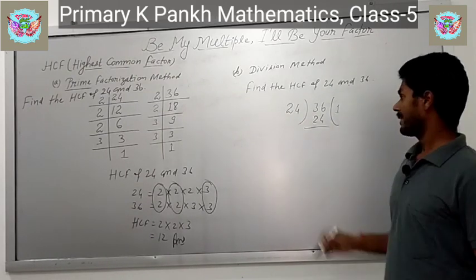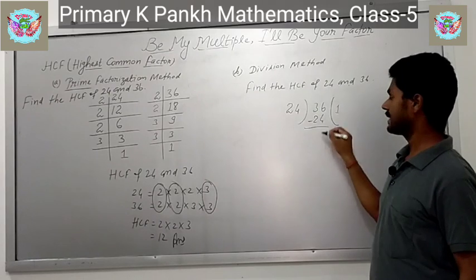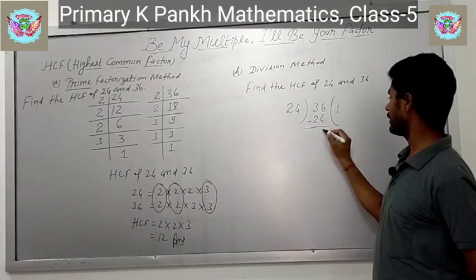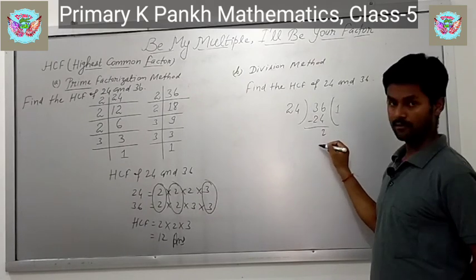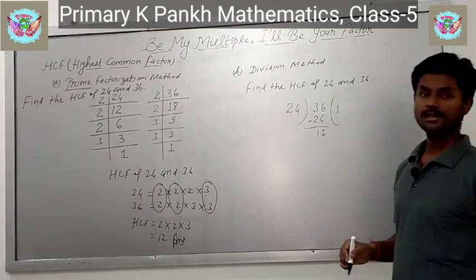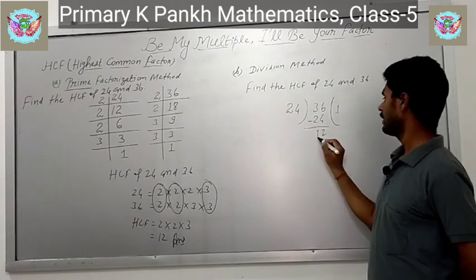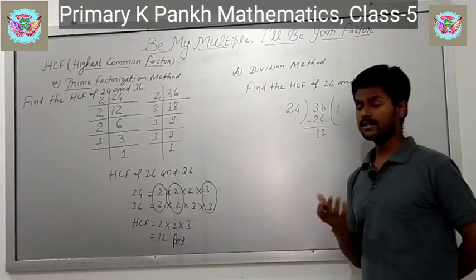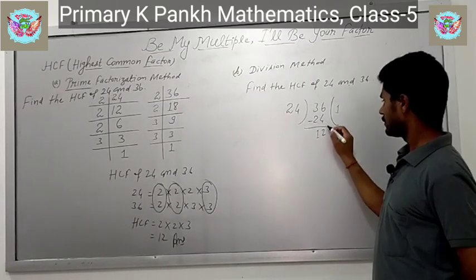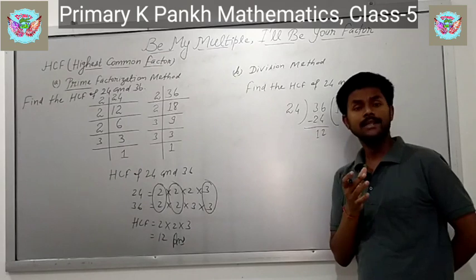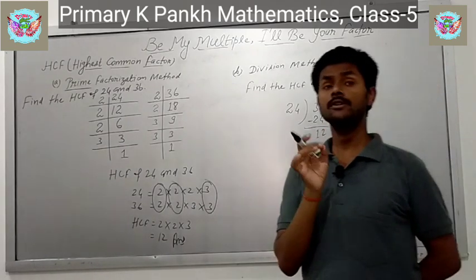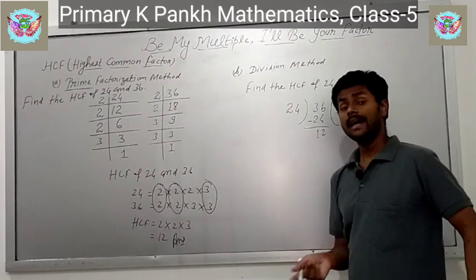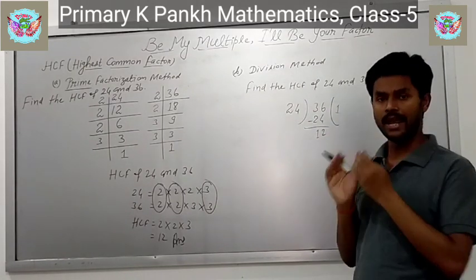So this is 24. When we subtract 24 from 36, 6 minus 4 is equal to 2, and 3 minus 2 is equal to 1, so we get 12. After that, one thing is most important here in HCF: the remainder which you find in the process of division will be the divisor in the next step.